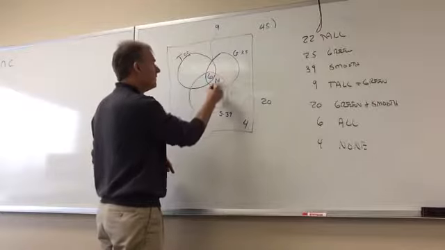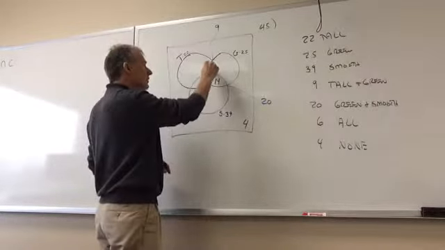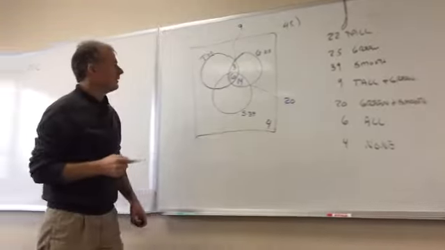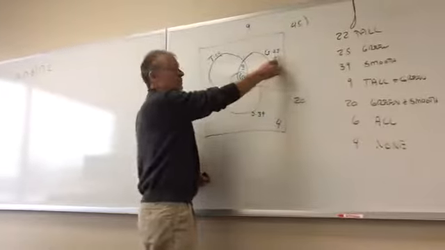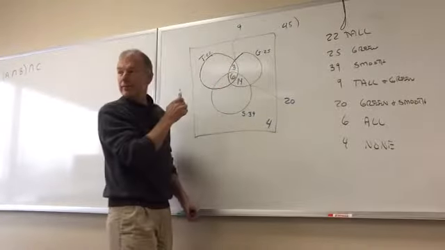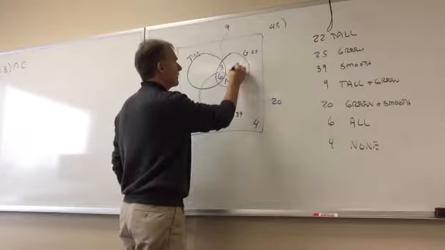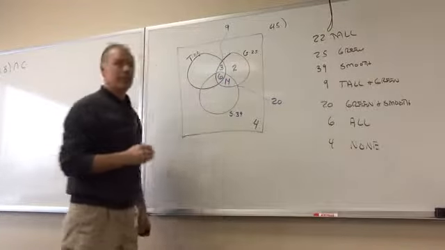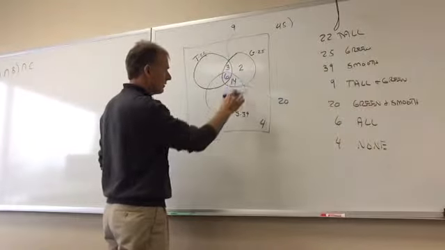Good. 14. And we know this is 9, so then this must be, yeah. Good. And what else can we do? Oh, if I know this, I can figure out that, right? What is that? Everyone happy there? Okay, so we're doing really good over in this part of the region.